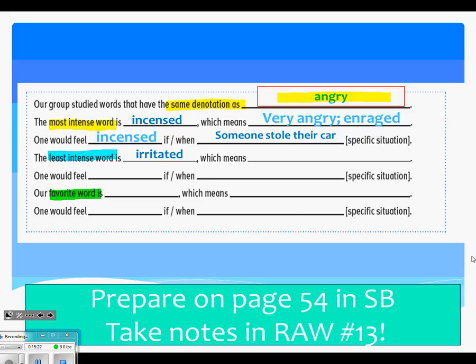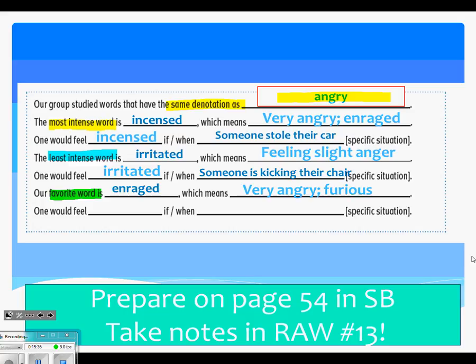The least intense word would be irritated, which means that there's a feeling of slight anger. Why do you feel irritated? When someone is kicking their chair. My favorite word, enraged, which means very angry and furious. Why do you feel enraged? When someone took credit for their work. Just like some of you are kicking right now, which is not that appropriate.